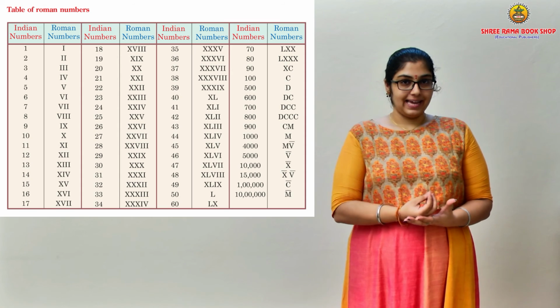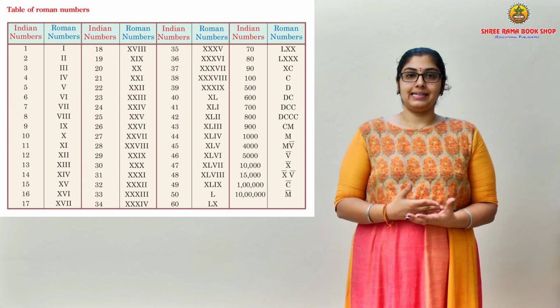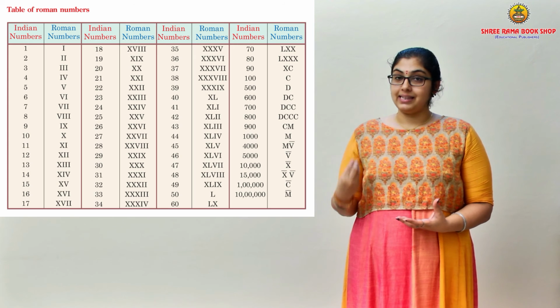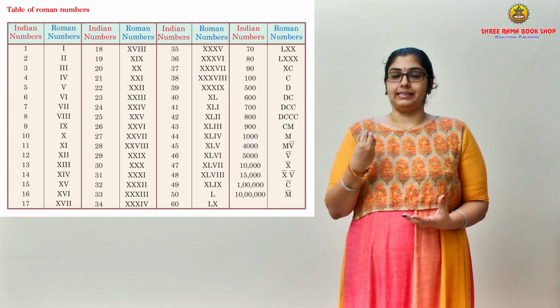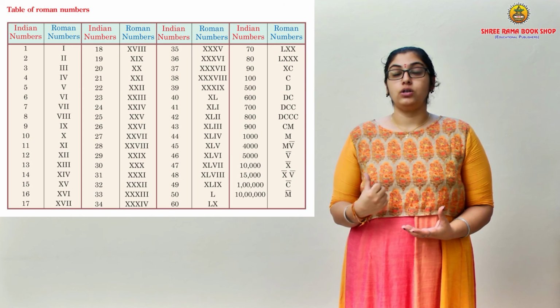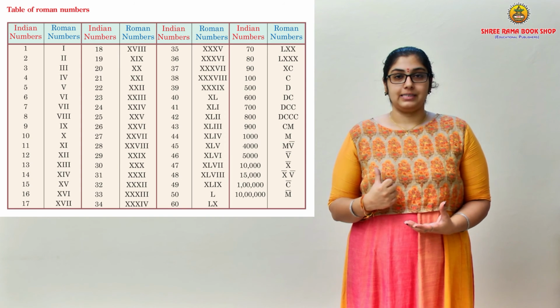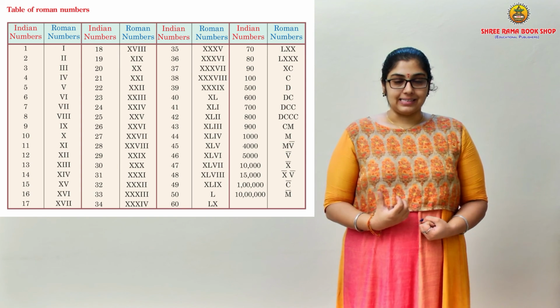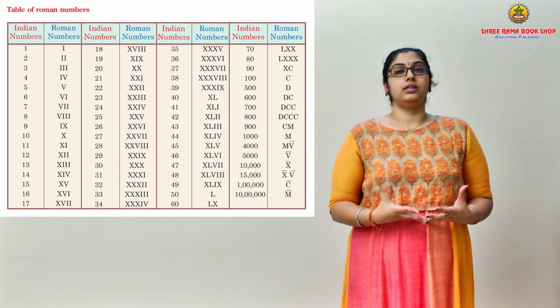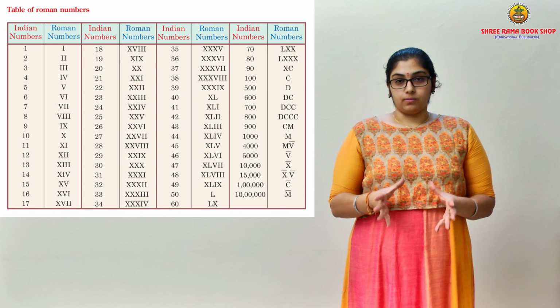For 10 I took X. For 13 we are taking X, I and I. For 20 it is XX, and you can see that there are C bars, M bars and D bars over there. So M bar is representing what? The last value on the chart, M bar, is representing 10 lakhs. So if you learn this chart you can easily do the exercises which come after this concept.